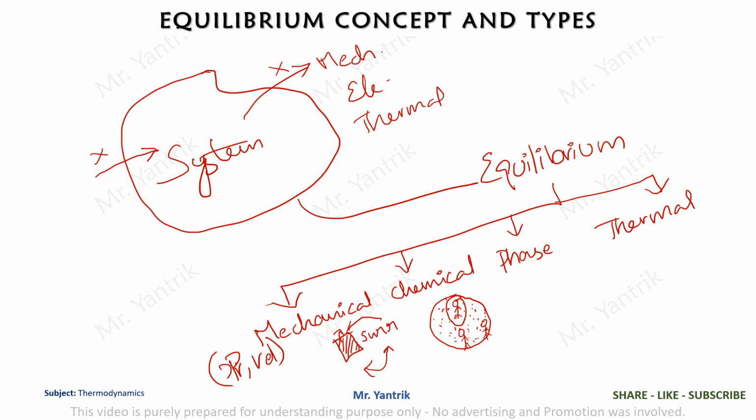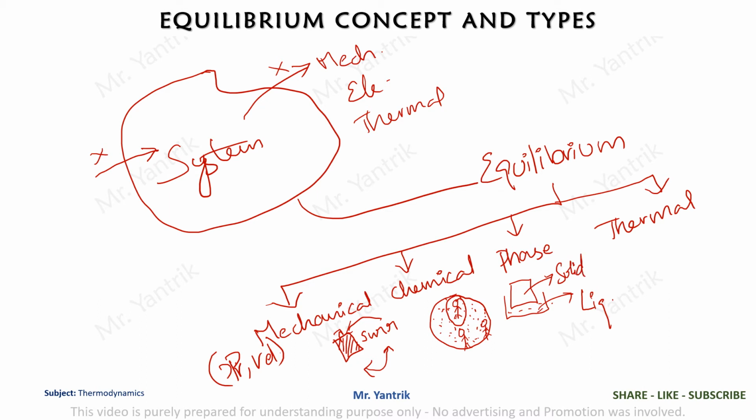So chemical equilibrium is nothing but no change in the chemical composition, then the system has attained chemical equilibrium. Coming to phase equilibrium, for example, if we have taken some ice out of an ice box and placed it in a beaker where some water is present, water is in the liquid phase and ice is in the solid phase.